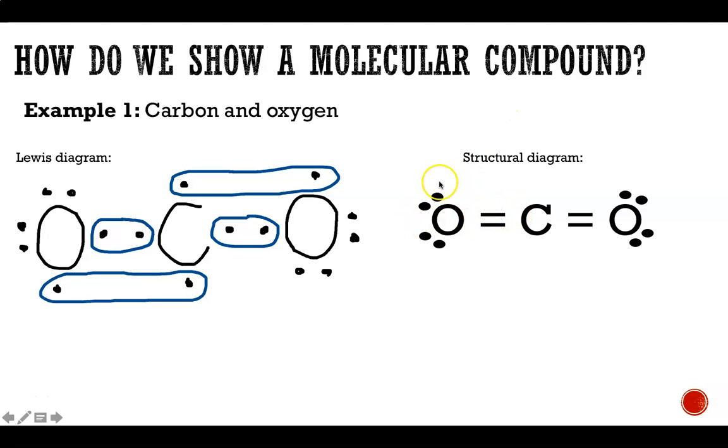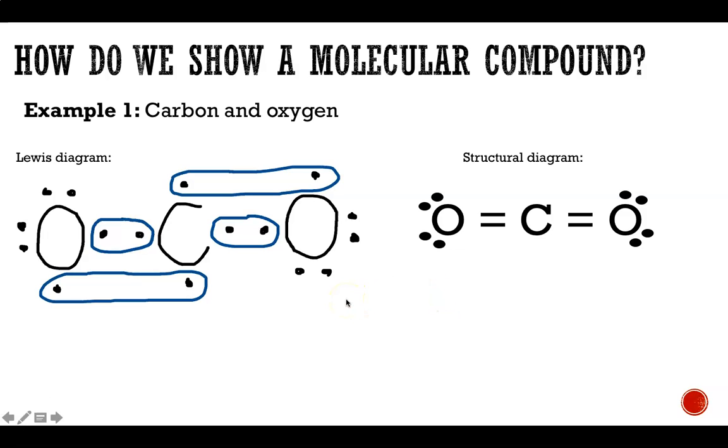So if I were to try to count to make sure that I have the right amount of bonds on my oxygen right now, I could look and see that I've got 1, 2, 3, 4. This line represents 5, 6, and this line represents 7, 8. So we're good. Oxygen has a full 8, and you can do the same counting for the other 2.